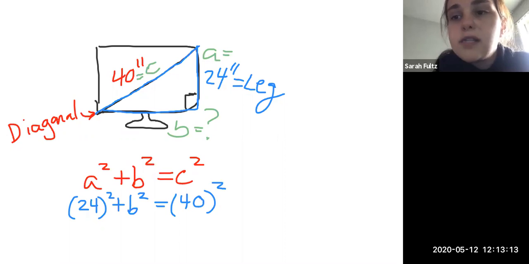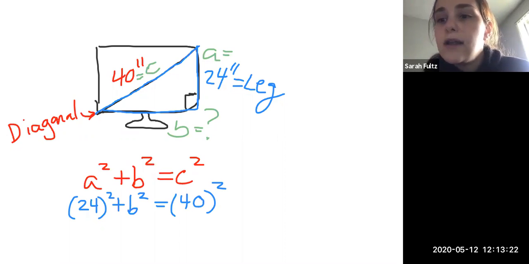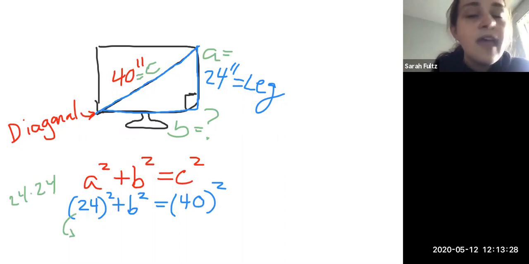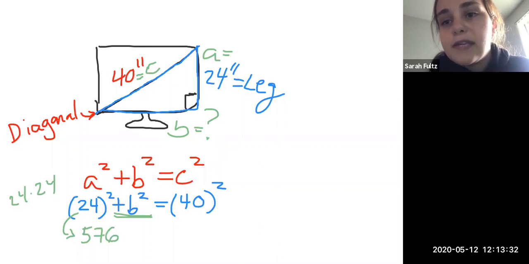Once I plug in the numbers, then I'm going to start doing the math. And I would definitely use a calculator for this. I'm going to be just typing it into Google as we go. So 24 squared, remember that means 24 times 24. We're multiplying 24 by itself. And that gives us 576. We don't know this b squared yet. We're going to bring it down.